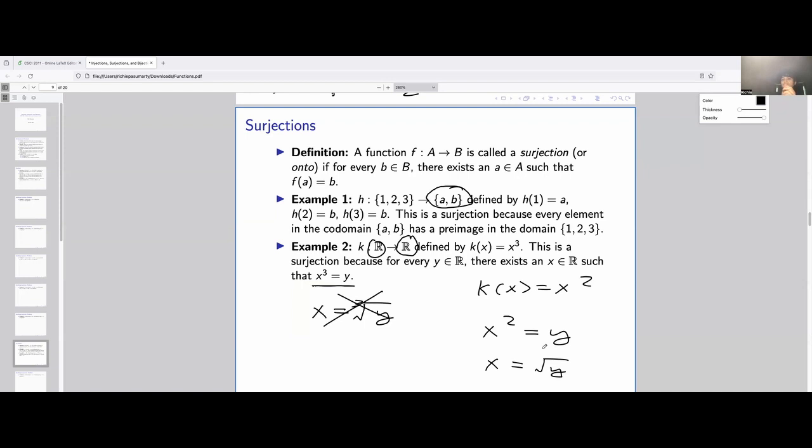Well, the issue here is that if y is negative, you can't do that. Yeah, you can have an imaginary number map to this, but we're only dealing with real numbers in our domain. So this is no good. But this one is a surjection, the one with x cubed, because we can actually take cube roots. It doesn't matter if we have a negative number, we can still take the cube root.